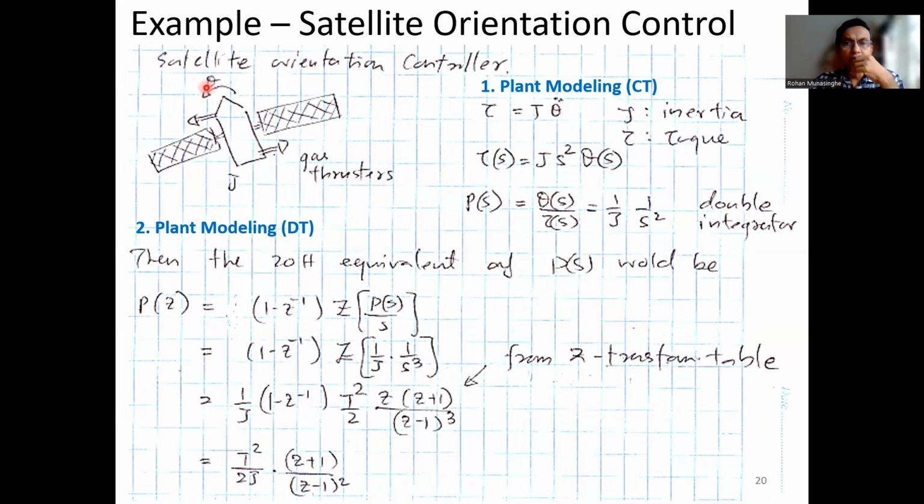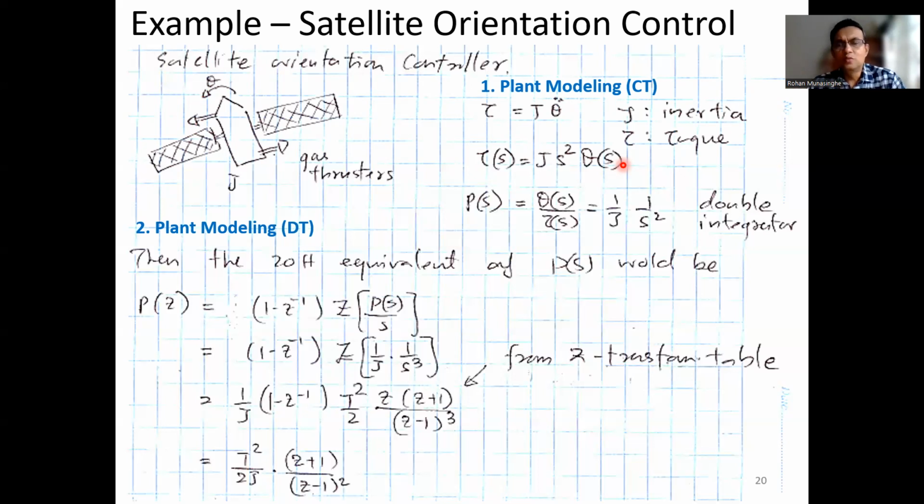And then you convert it to Laplace world. Tau becomes tau s in Laplace. J is a constant. Theta double dot in Laplace domain is s square theta s, minus initial conditions: s times theta 0 minus theta 0 dash, okay, the rate of change, the angular speed at time 0.